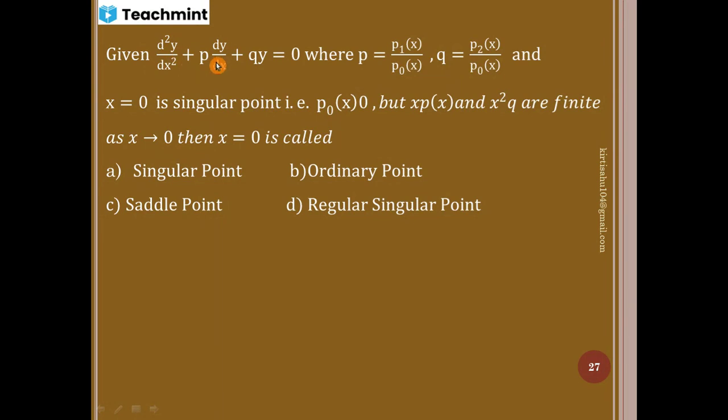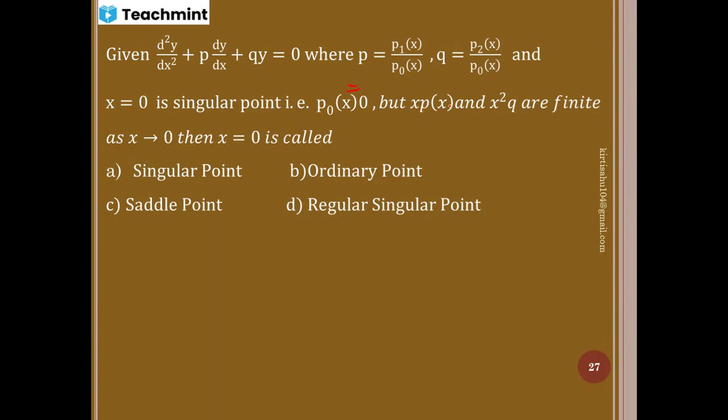d2y by dx square plus p dy by dx plus q, where these are the conditions given. Now what is given: x equal to 0 is a singular point, right? x equal to 0 is a singular point means p0 of x is 0 at x equal to 0, right? The equal to sign is missing here.